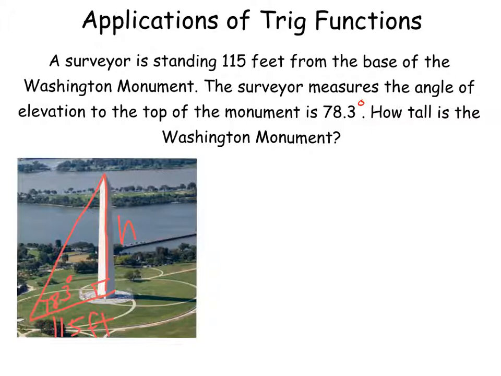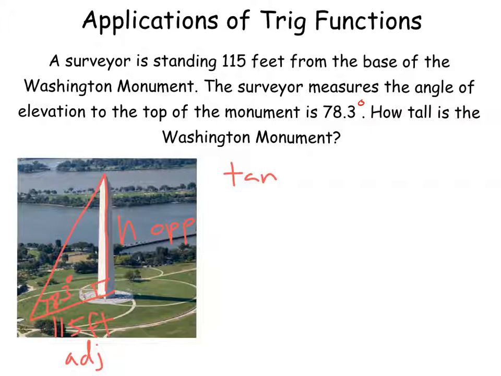Now, these problems don't really vary in terms of how they're solved a whole lot, but the trickiest part can be making sure you're picking the right trig function. Well, I'd look at this and say, I've got to find the height, so I need that side. It's opposite. I'm 115 feet away. I know that side, so I'm probably going to use that too.